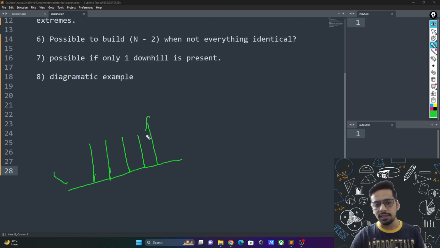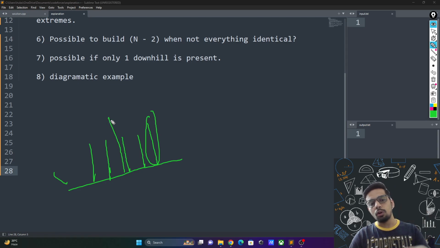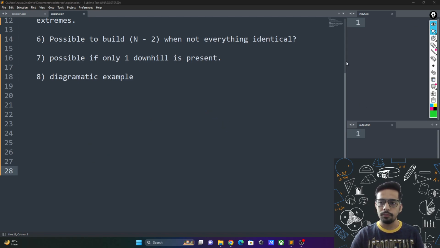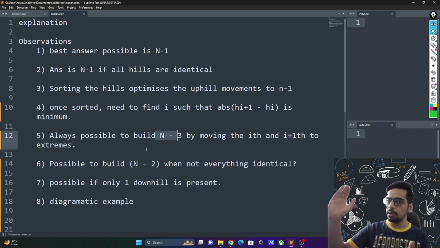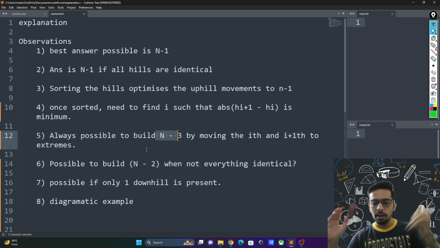And that would mean that this particular hill will come somewhere in between of this array, which will cause you to go one downhill. So unless all the hills are identical, you cannot have the answer n minus 1. You can always have the answer n minus 3.